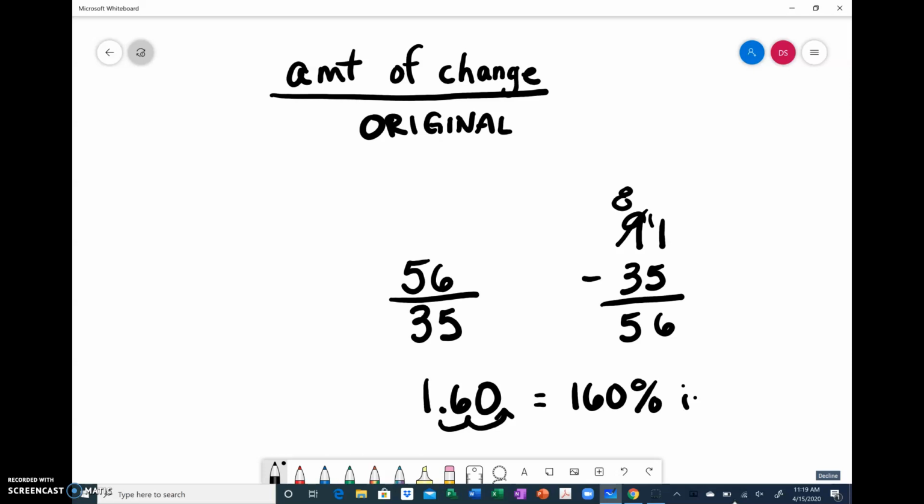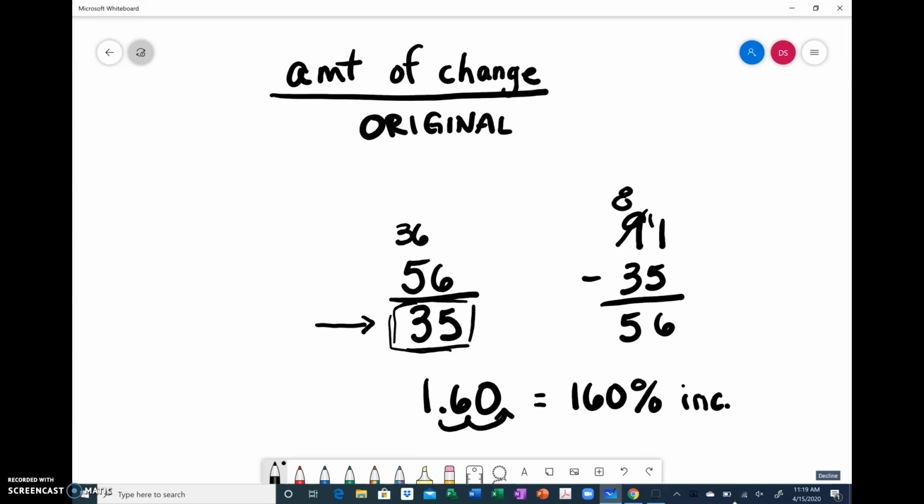160% increase. Okay, let me say something about this 160%. This is over 100%, right? And if you look up here, you will see that if the original was 35, but we increased by 56, we increased by more than 100%, by more than the 35. So even if we only had 36 up here, we would have an increase of over 100%, right?